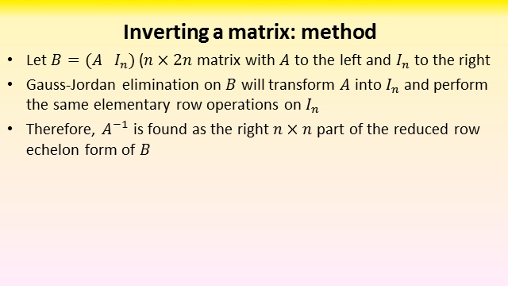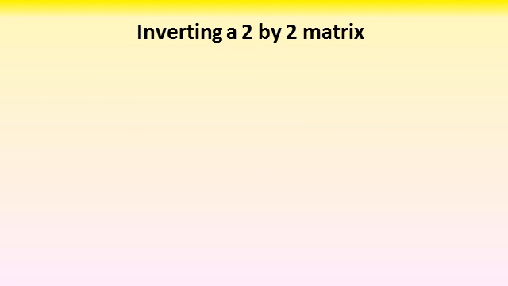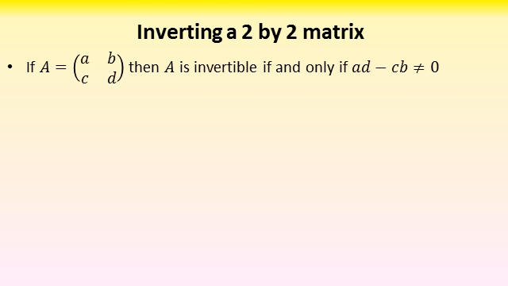There is, in general, no useful formula for the inverse of a matrix, with the exception of the 2 by 2 case. And this case is so common that it's really useful to memorize what the inverse of a 2 by 2 matrix is. So let's say that A is just an arbitrary 2 by 2 matrix with elements a, b, c, and d, where a, b, c, and d can be any numbers. In that case, this matrix is invertible if and only if ad minus cb is different from 0.